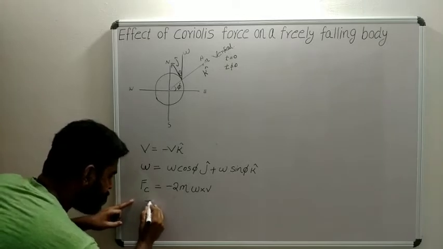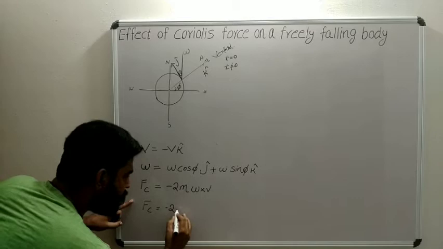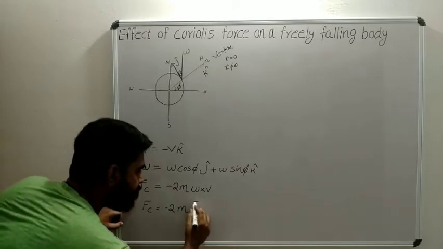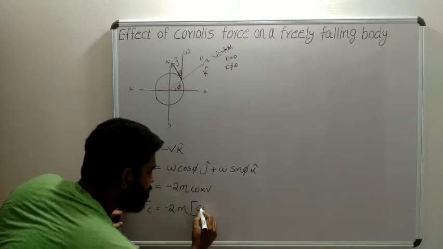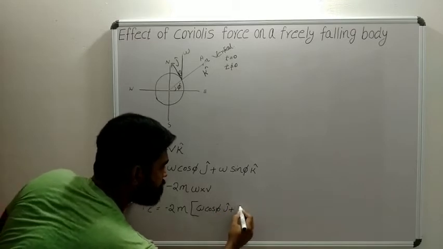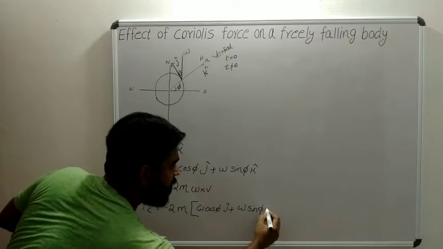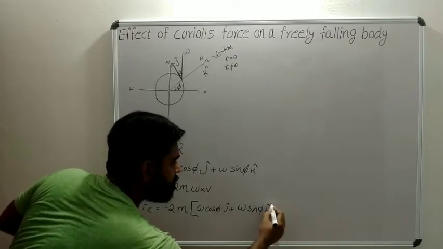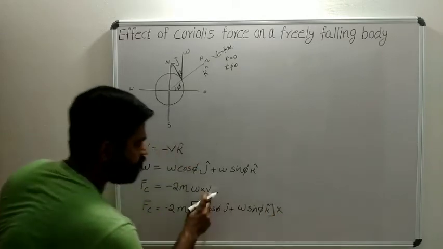Then Fc is equal to minus 2m, omega cos phi j cap plus omega sin phi k cap, cross, what is V?